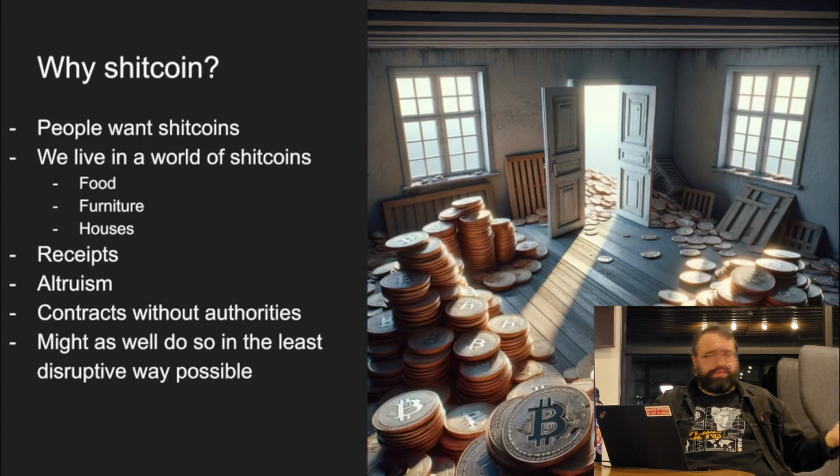We also live in a world of shitcoins. You could forego furniture and food and living in shelter, but I like having those things. I'm sure most people do, and those are things that you buy that aren't Bitcoin. When you go to buy something, it's helpful to have a proof of purchase.